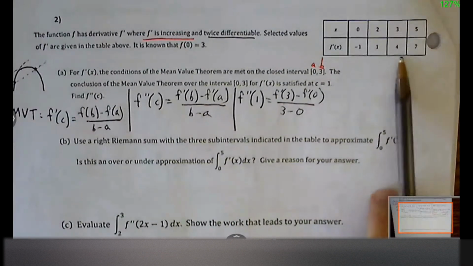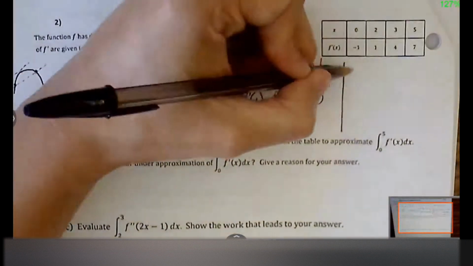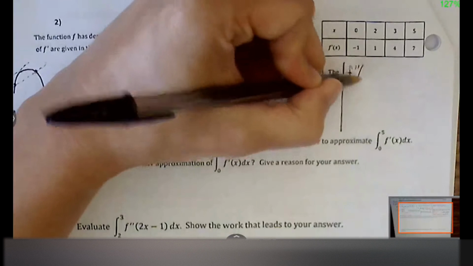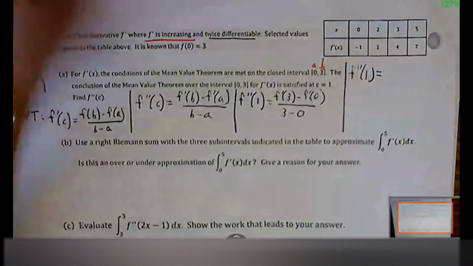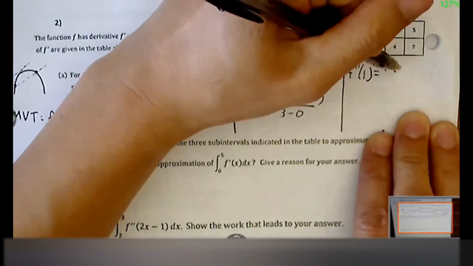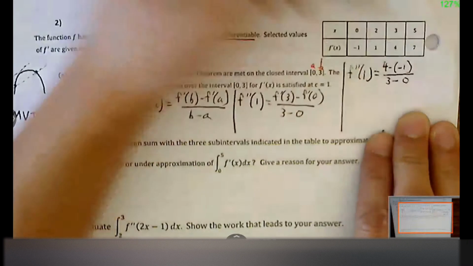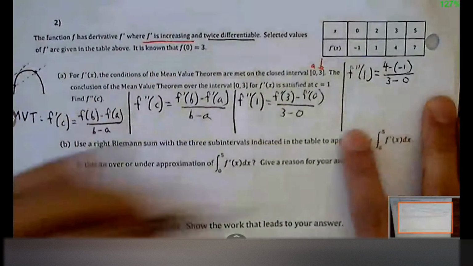Okay, so f prime of 3 is 4, f prime of 0 is -1. So I get 5/3.